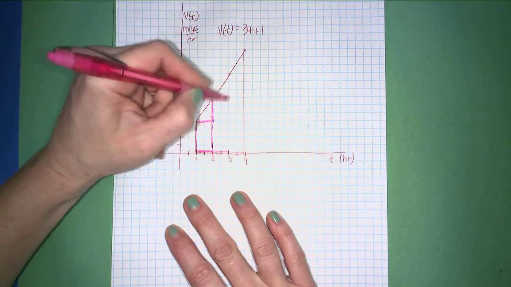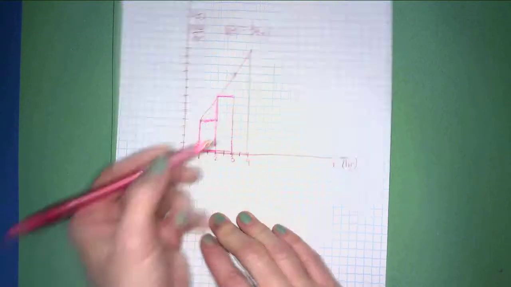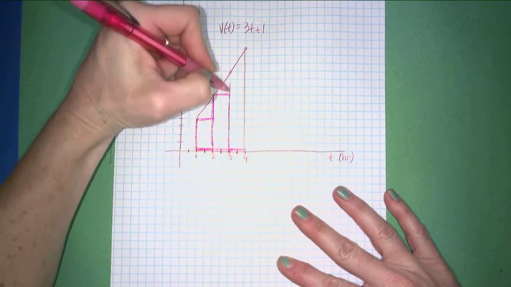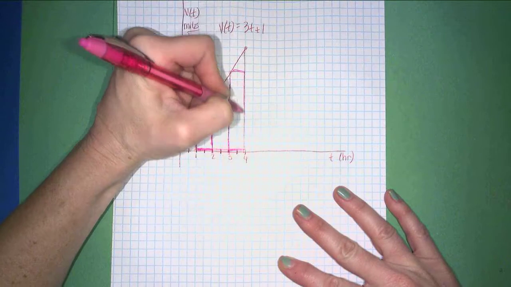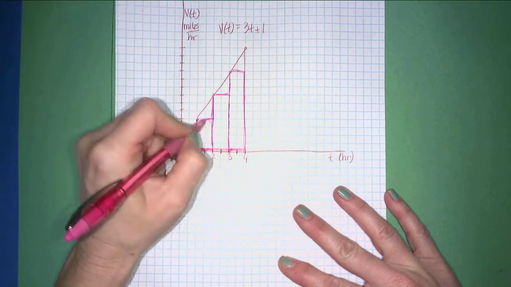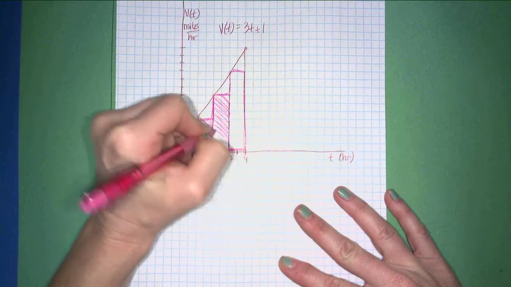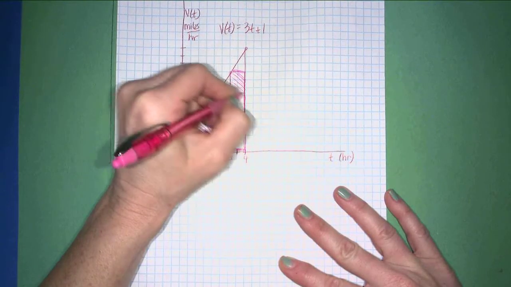And then maybe one more rectangle with a delta x of 1. I'd pull up on the 3, come across and down. If I were to sum up the areas of these 3 rectangles, I would have something.